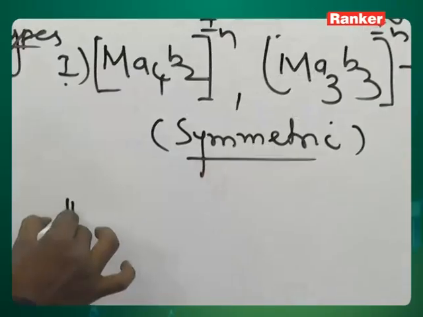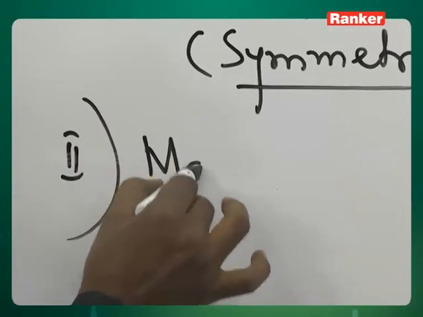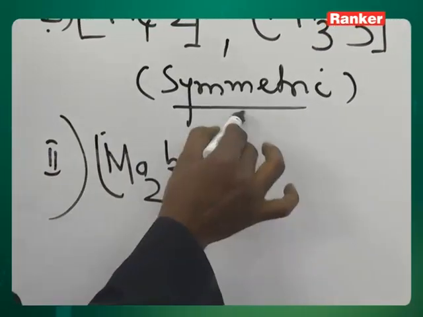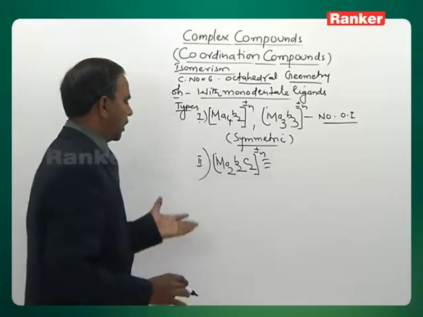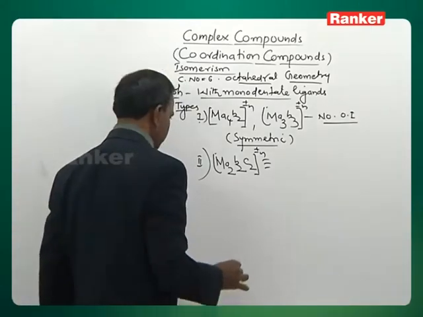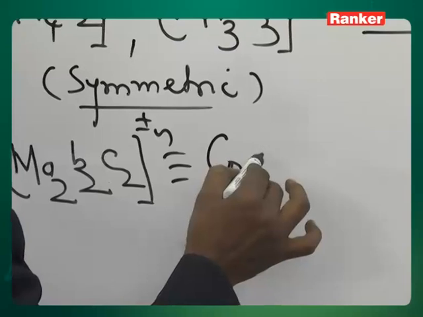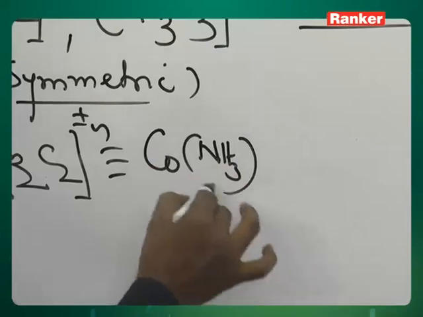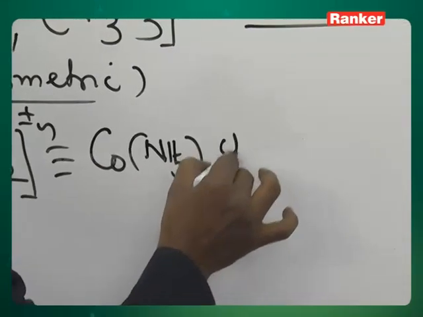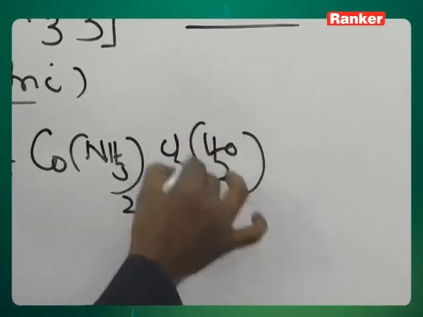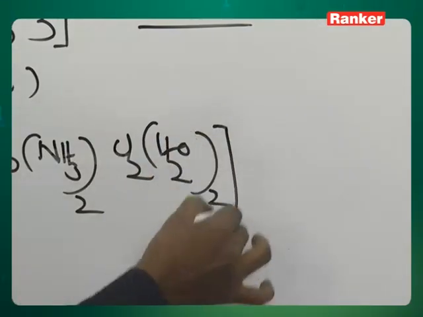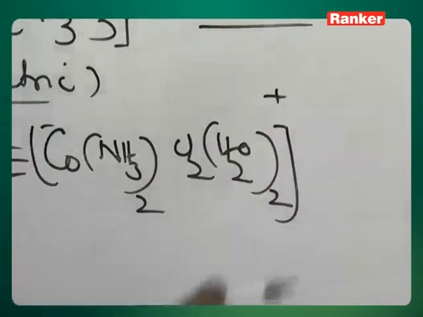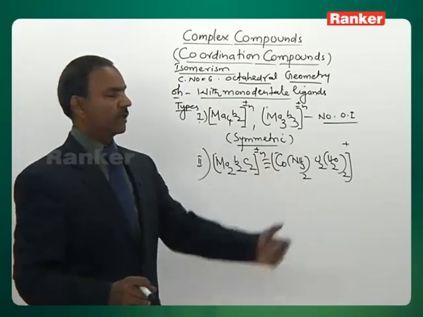Coming to the second, take now Ma2B2C2, plus or minus n. Let me give a real example. Consider cobalt, take NH3 taken twice, Cl2 and H2O taken twice, Ma2B2C2. With Cl2, the plus charge is enough to make it cobalt plus 3 in the complex.